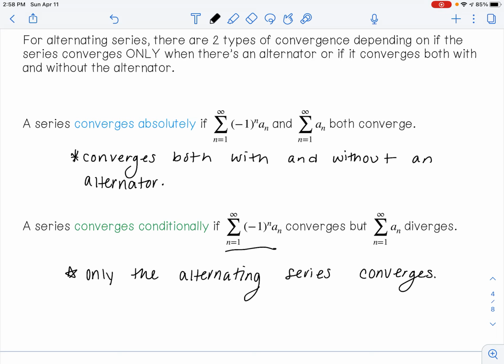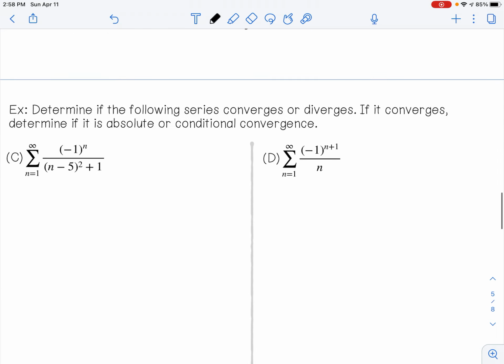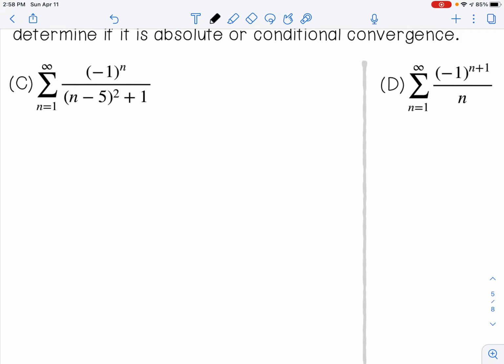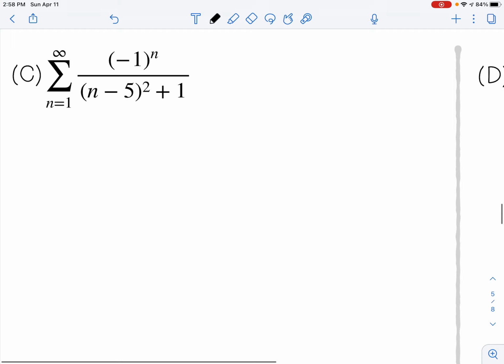So let's go through some examples of how to do that. Okay, so let's look at these two series. They both converge, but we're going to show that they converge with the alternating series test, and then we're going to test for absolute and conditional convergence. So the first thing I'm going to do is say, okay, what's the limit as n goes to infinity of the non-alternating series?